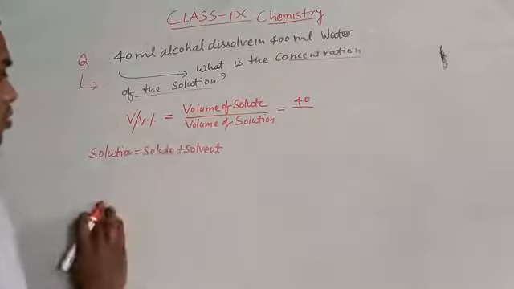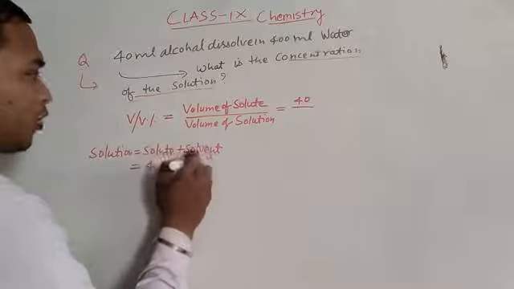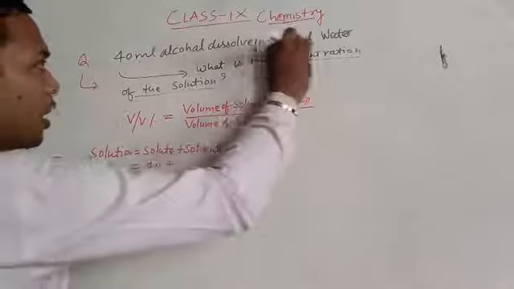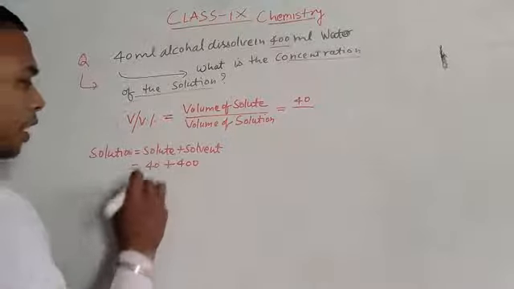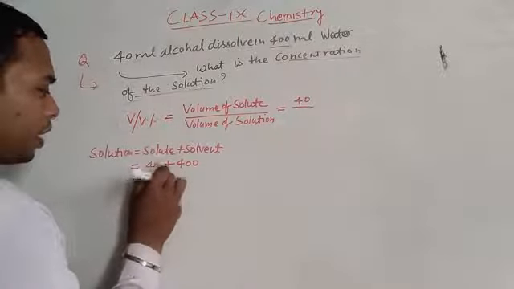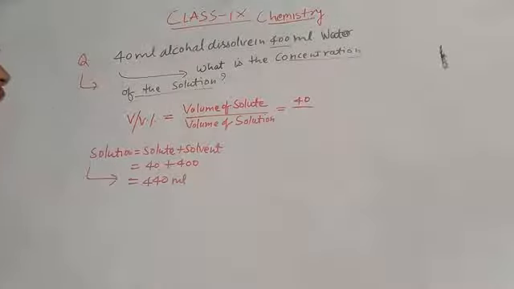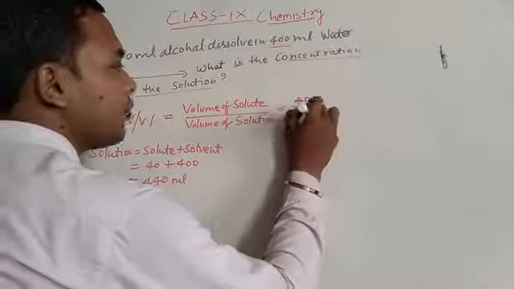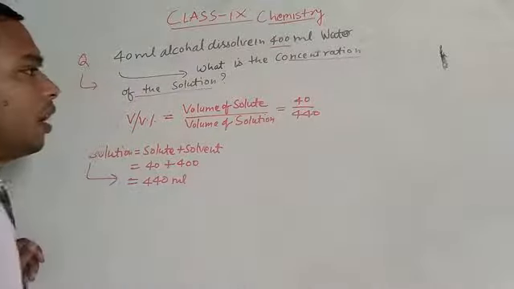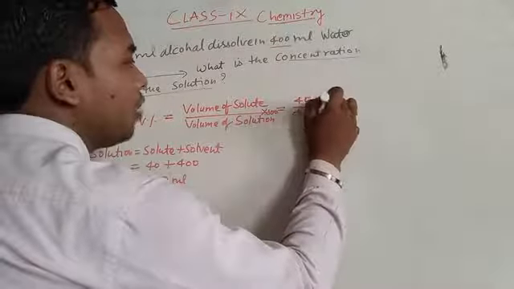So 40 plus 400 ml equals 440 ml. That is the solution, so 440 ml into 100.